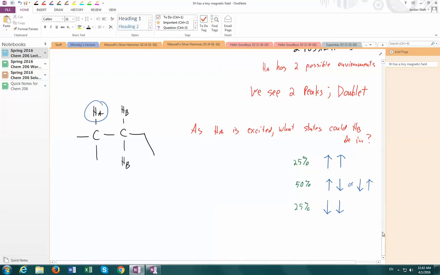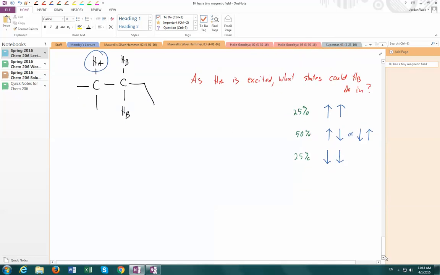And so how many different environments are there for our HA to be existing in? 3 possible environments. And so how many peaks do you think we end up seeing? We see 3. What do we call that? We call that a triplet. So we see 3 peaks, and that ends up being a triplet.